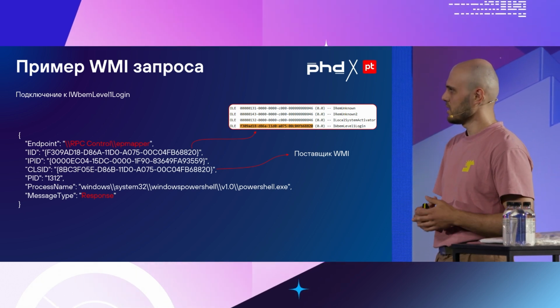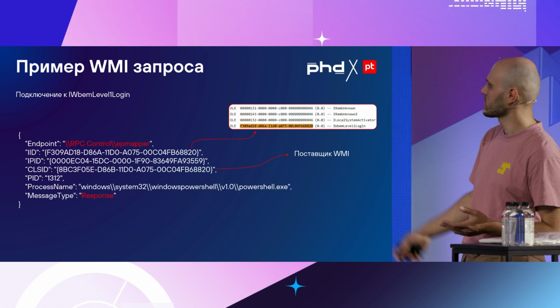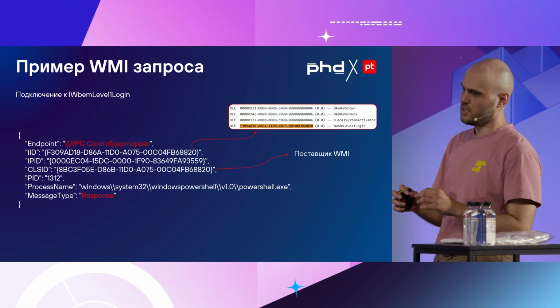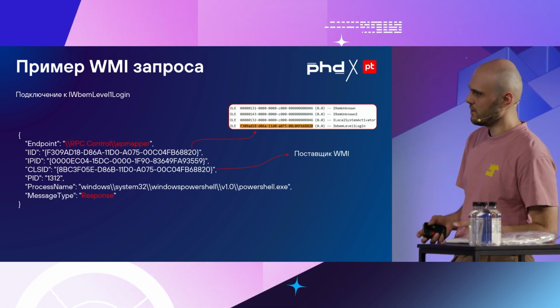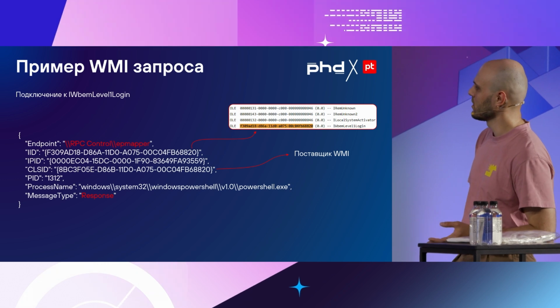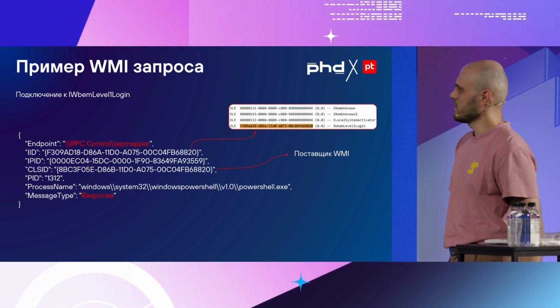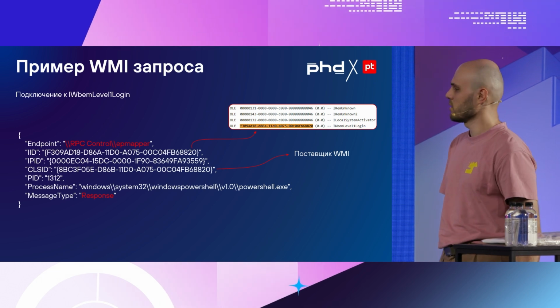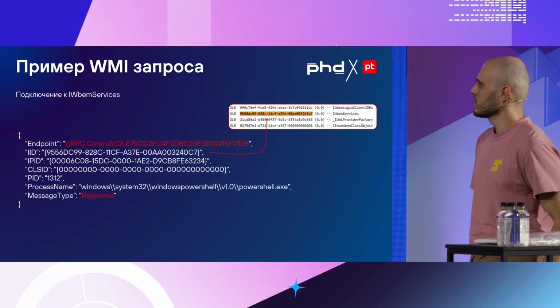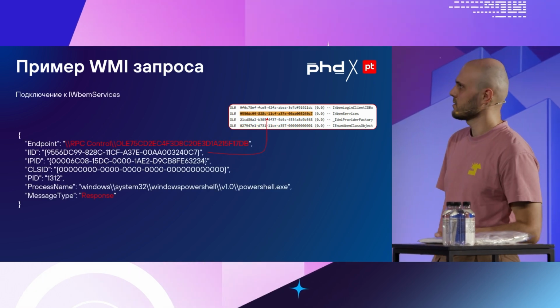You can log it. In this package, there is the interface ID. You can get the IPID, which is the unique ID on the server. And the class ID is WMI-related here.